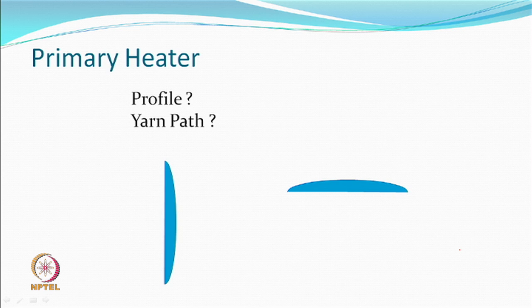The profile is convex, right? We said there is a convex profile. So, the yarn would remain in contact with the heater while it is being heated, moving in the linear direction as also getting twisted. So, some type of a profile, which is the convex profile.